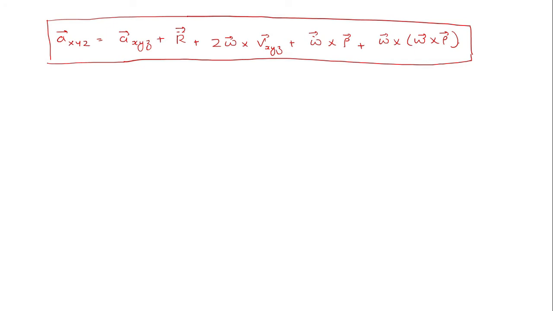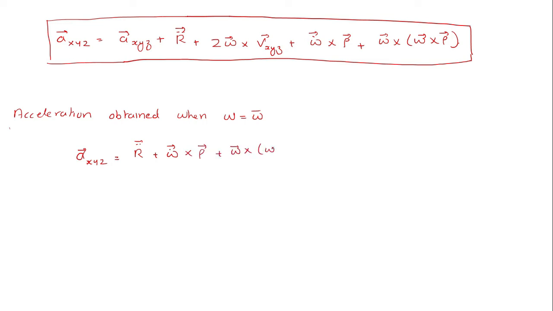Now if we look into the acceleration obtained, when omega is equal to omega bar, that is, in the earlier case the equation was a vector with respect to capital XYZ is equal to r double dot vector plus omega dot cross rho vector plus omega vector cross omega cross rho vector.